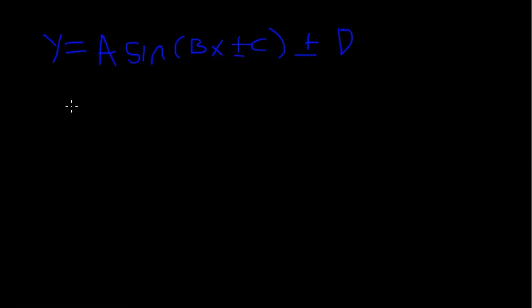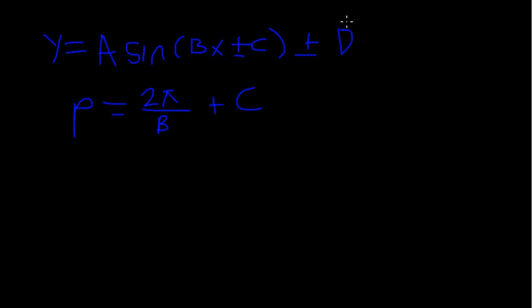The period is given by 2 pi, which is a complete cycle, a complete revolution, over b, and then plus c. This is how you find the period.